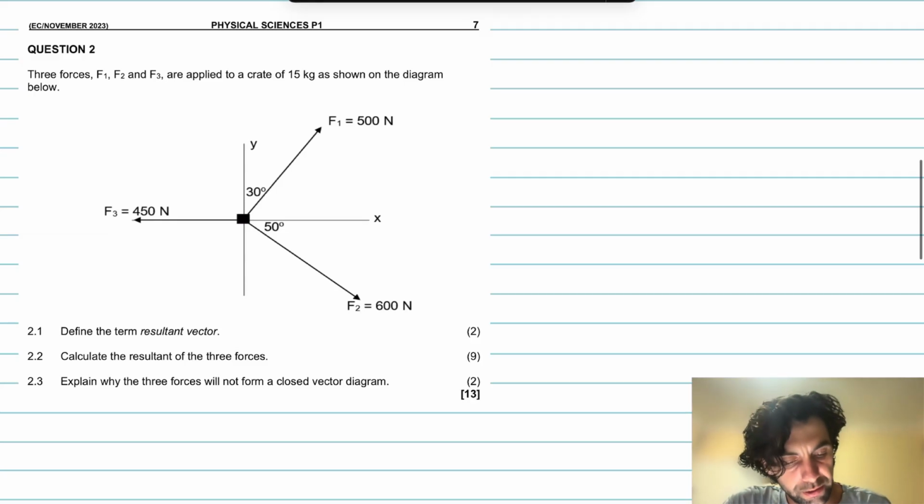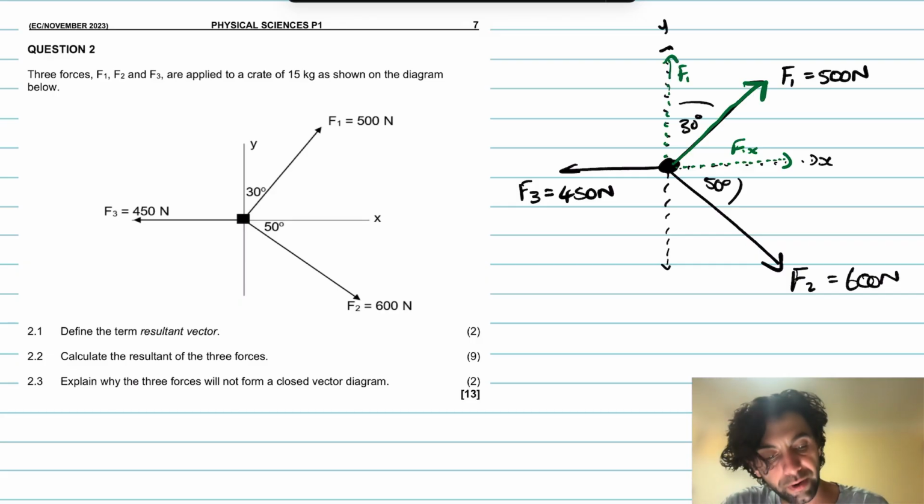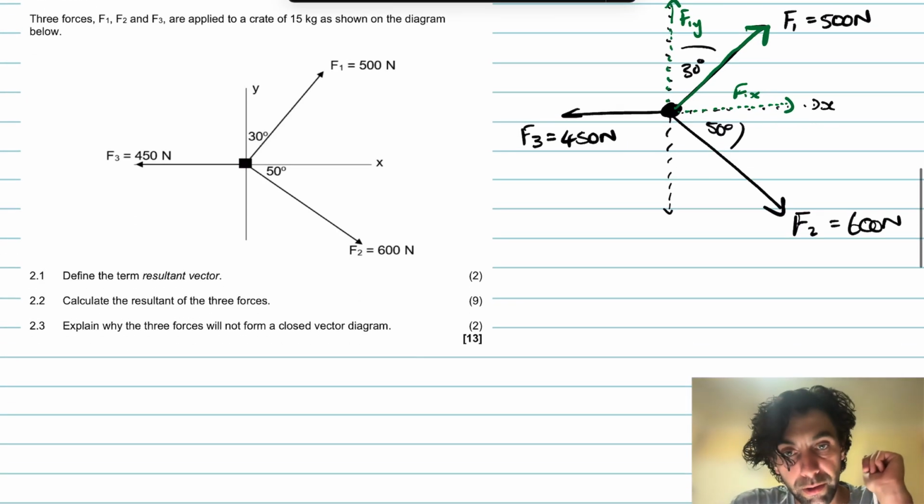So I'm going to go ahead and just make F1 a green color. Basically what I want to do here is break this one up into its horizontal component, which I'll call F1x, and then break that same force up into its vertical component, which I'll call F1y.